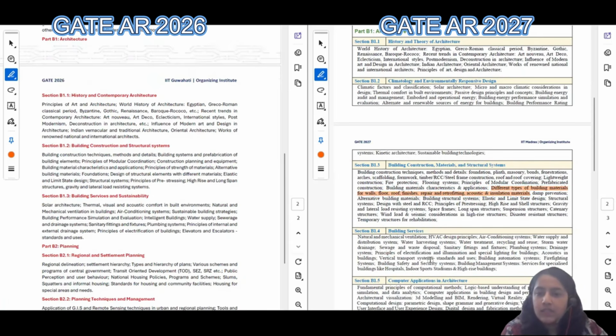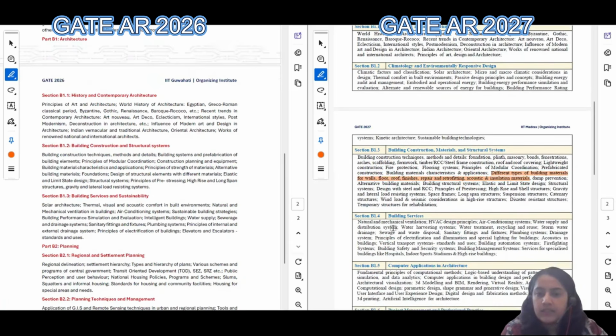Coming to building services, again, this additional B 1.4. So again, more or less the services remain the same, right? So your basic water supply, HVAC, drainage, rainwater harvesting, water treatment, sanitary fitting, plumbing systems, etc. At your building level, illumination, lighting, acoustics, building automation, all of that was there earlier as well.